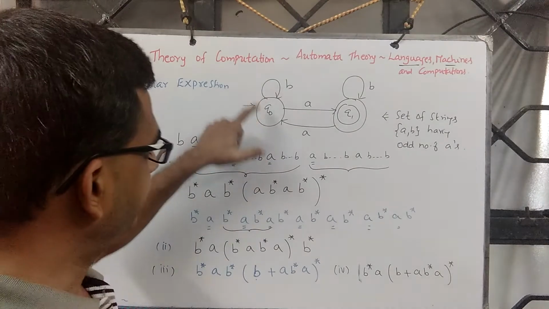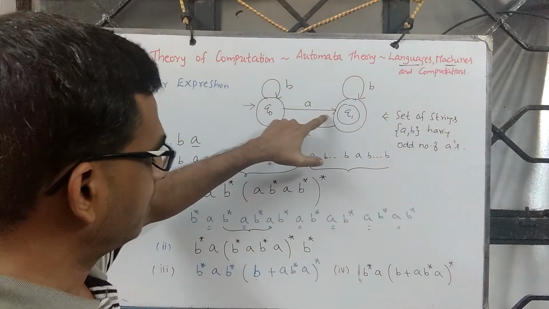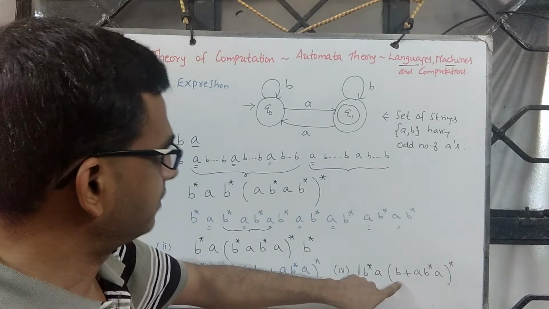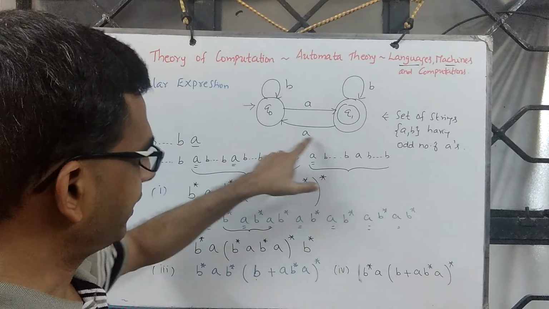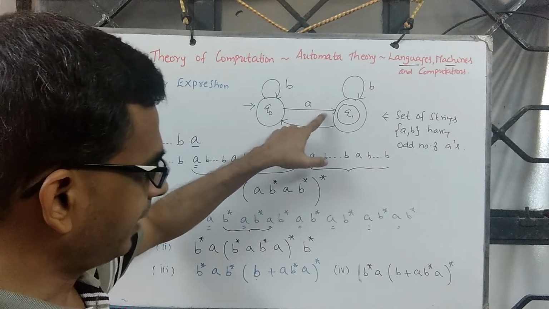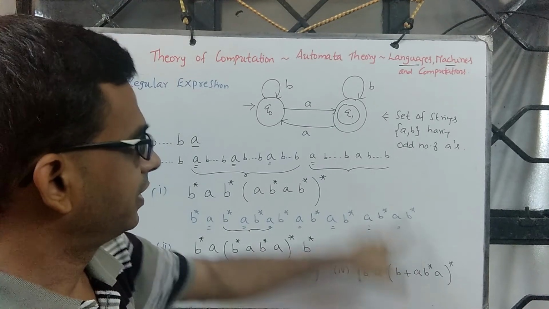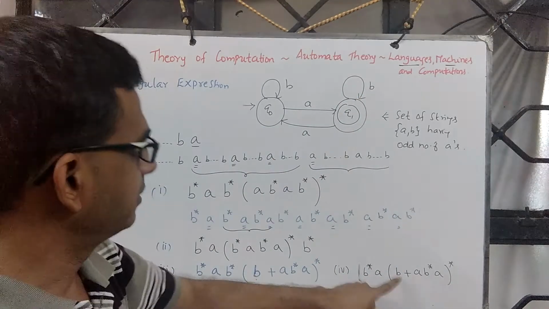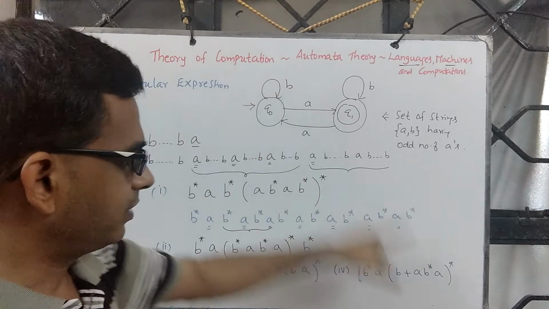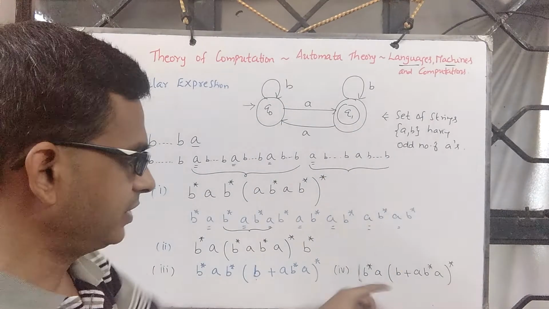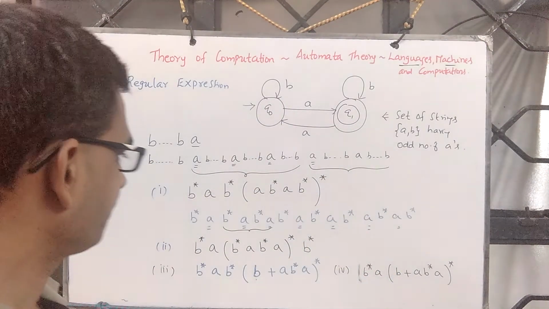Now you generate B star A, you need B star, use this. Then you need A, B star A, use this. Then you need B star, use this. Again A, B star A, use this. B star, use this, and the pattern continues.